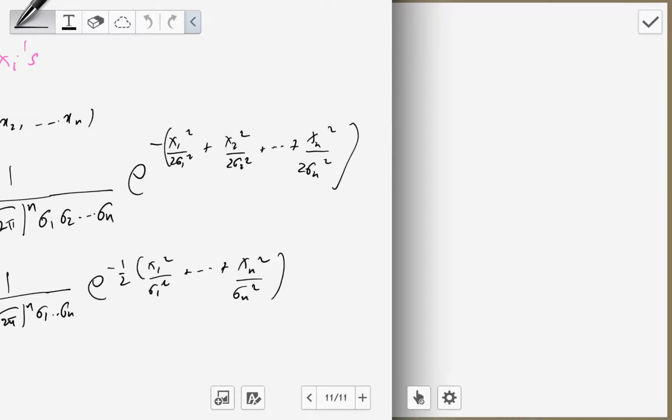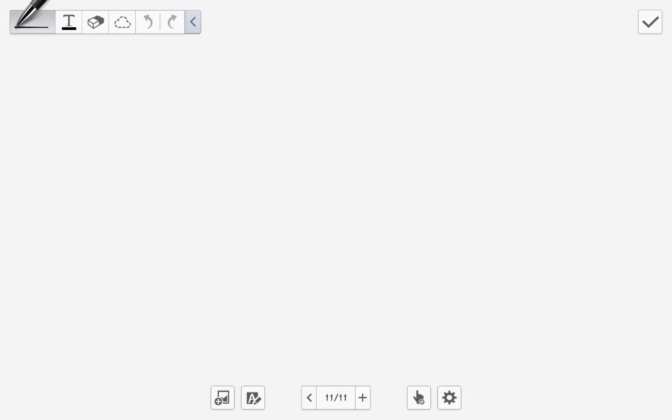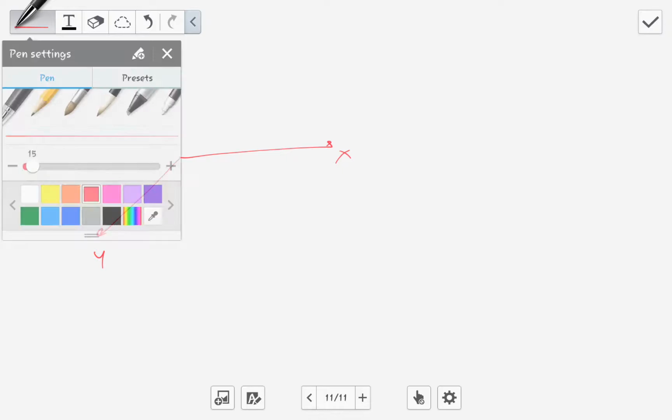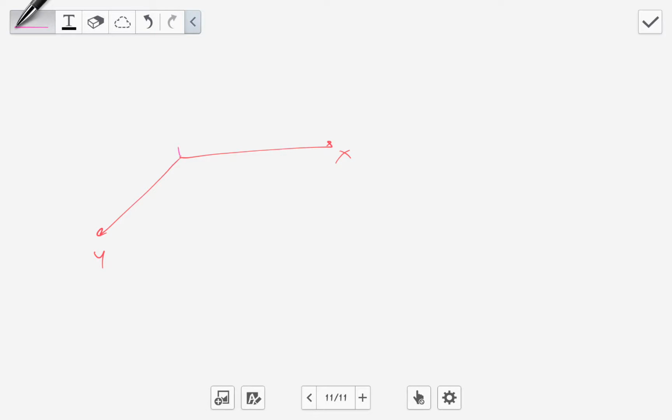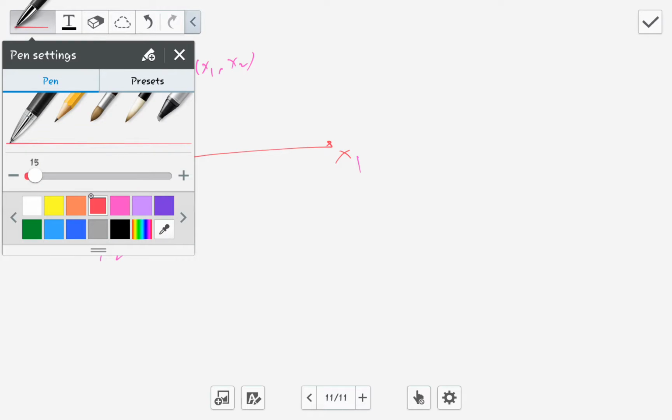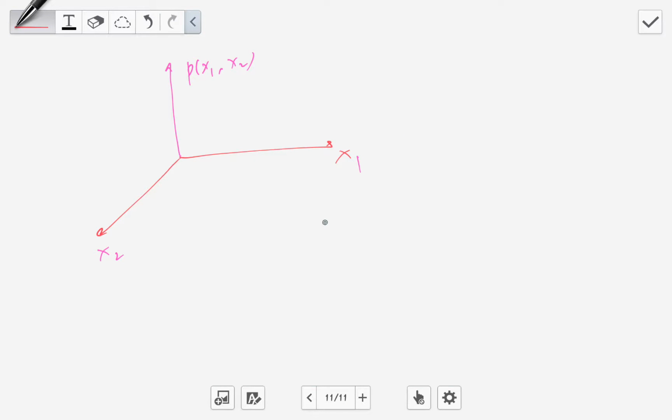Now, for example, let us only take a two-dimensional case for visualization. This is your x, this is your y, and here lies your p of x1 comma x2. If we try to plot this, how does that look?